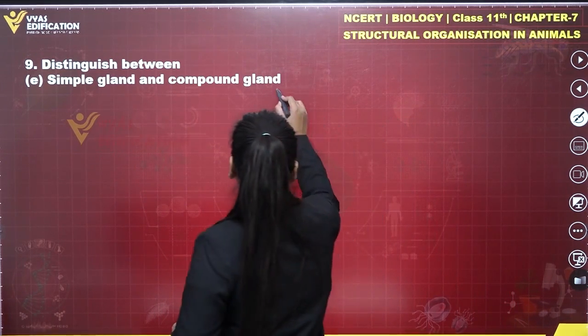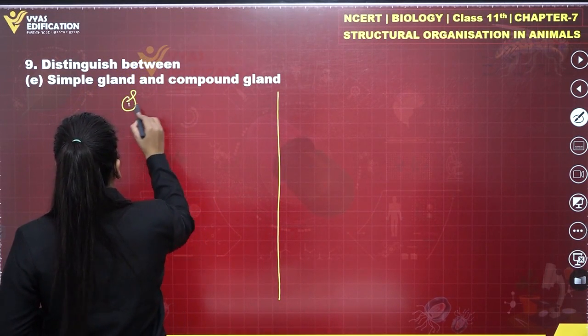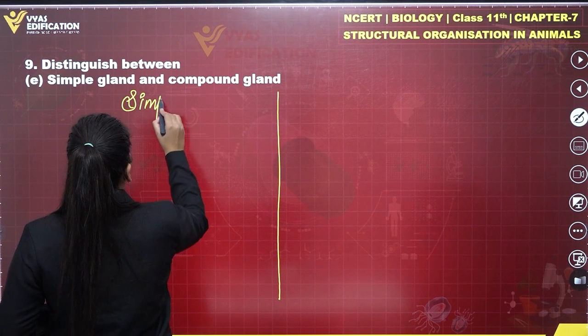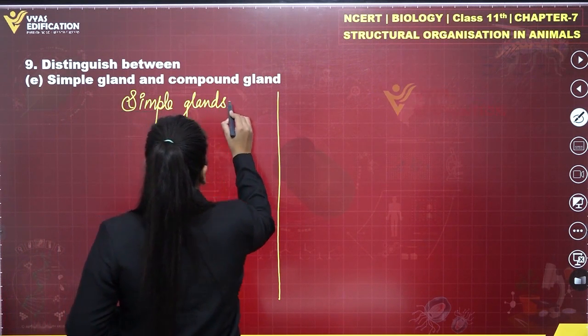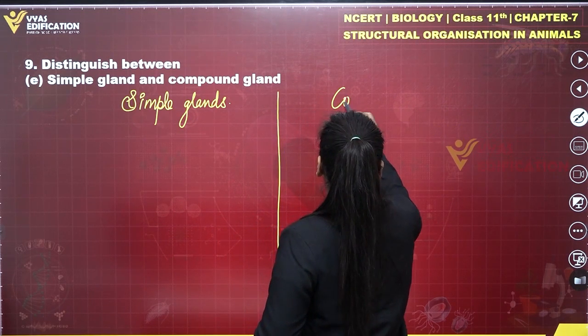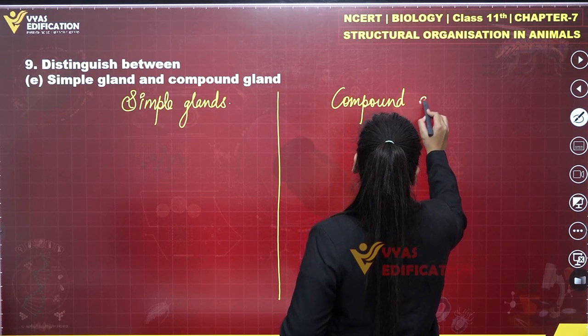So now we are going to write the different distinguishing features between these two. Here in the left column we are going to write simple glands, and in the right column we are going to write compound glands.